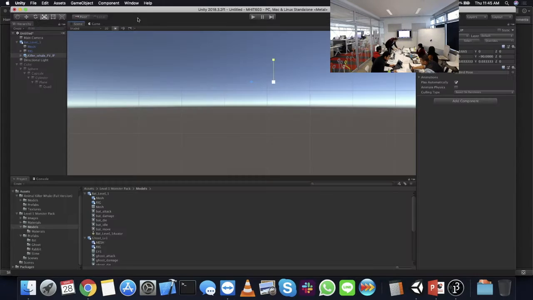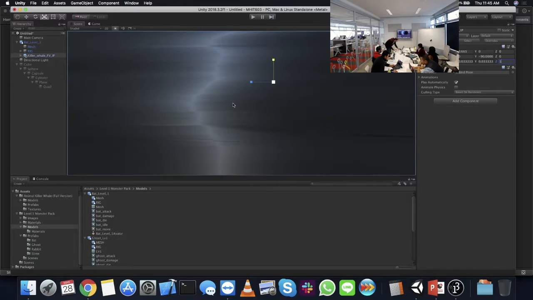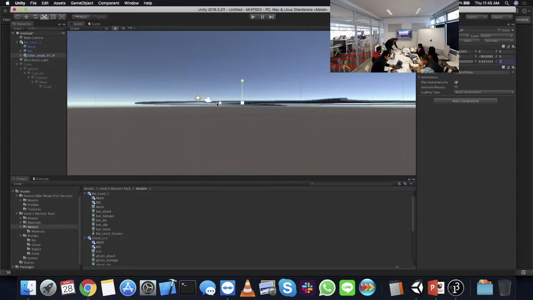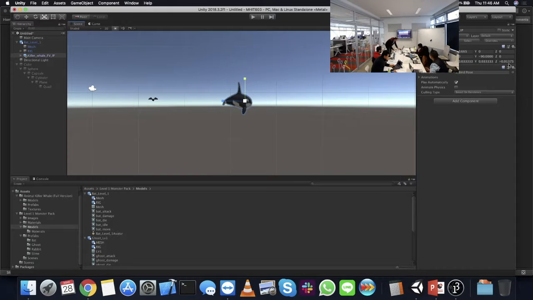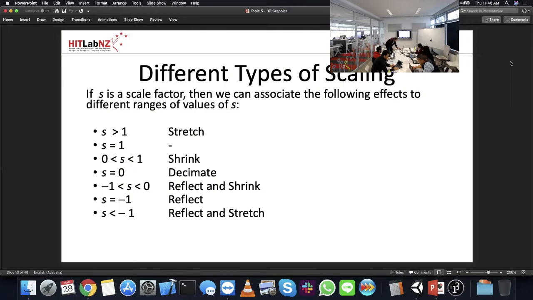So if we go down to 0 and then we start going in the opposite direction, he's shrunk, but he's facing the opposite direction. When we get to -1, again, he will be normal size, but facing the opposite direction. And if we go greater than -1, it will be stretched and in the opposite direction.